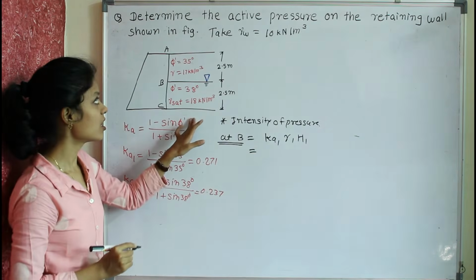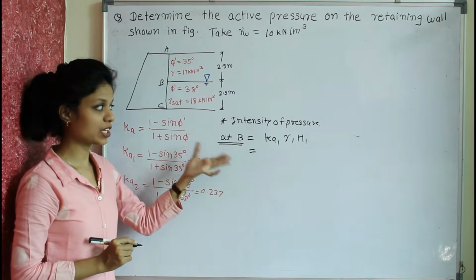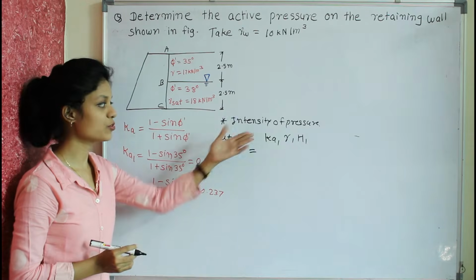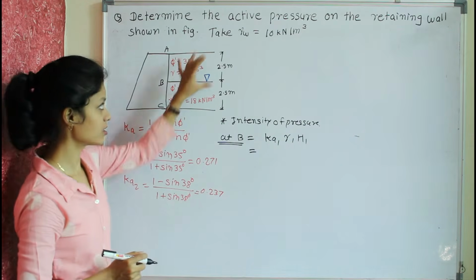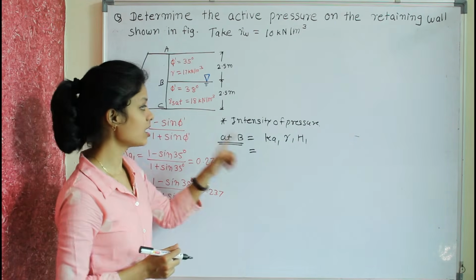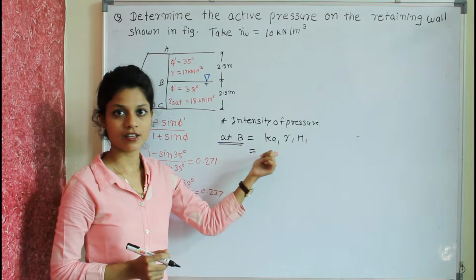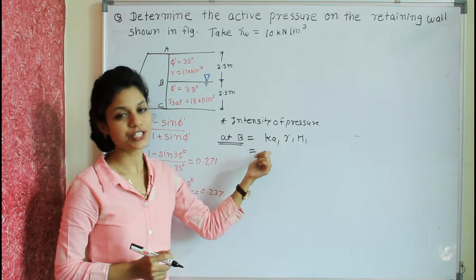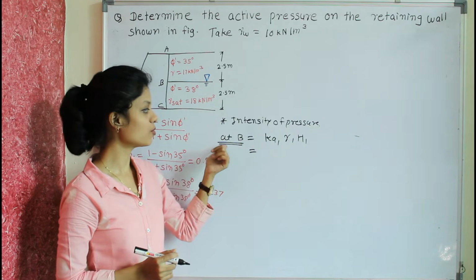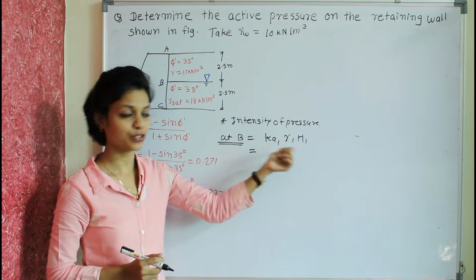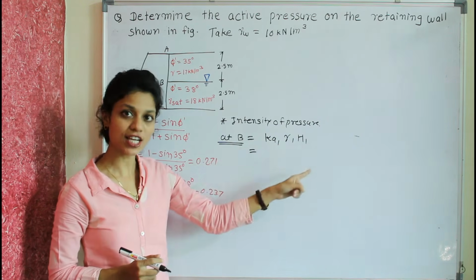You can see, we know that the pressure formula is unit weight into height, thickness, right? Due to soil, we multiply it by Ka, coefficient of active earth pressure. Therefore, formula becomes Ka gamma H. For layer 1, Ka1 gamma 1 H1.